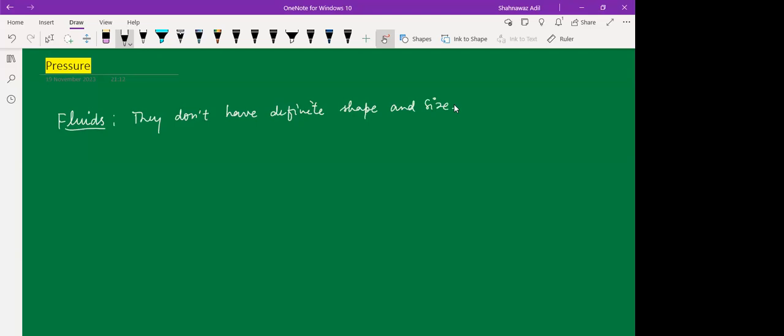Because they don't have any definite shape and size, we cannot define all the attributes that we defined for solid objects. So fluids have different parameters.